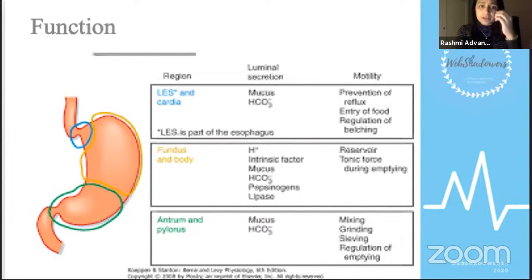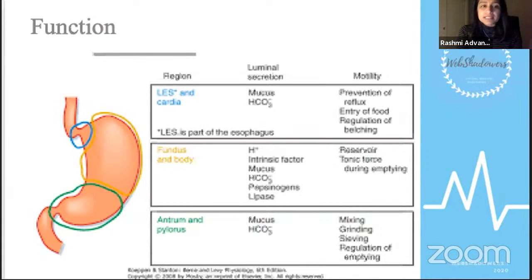And the motility of that area prevents food from going back into the esophagus. And it's an entry point for food. That's where food goes in, and it's regulated by the esophagus. And it's even involved when you're belching, so that's the mechanism involved when you are burping.